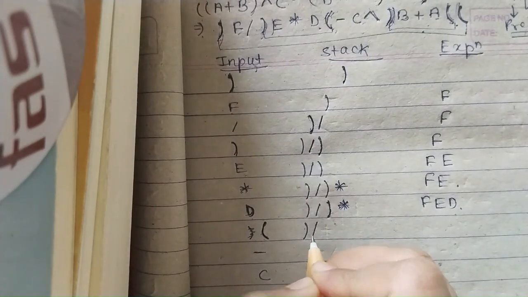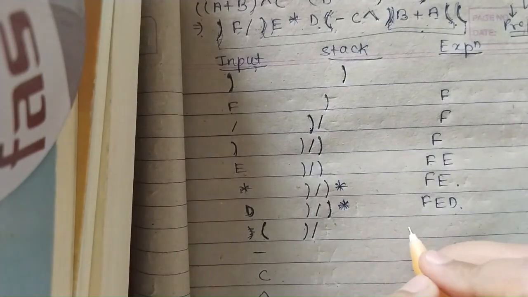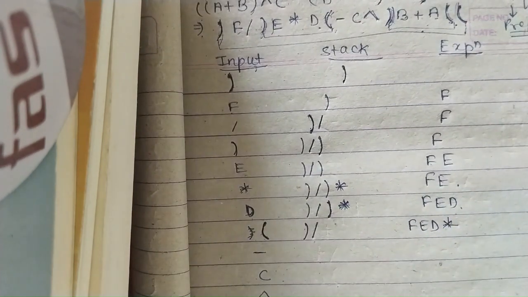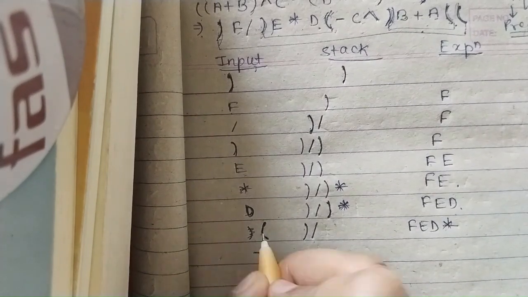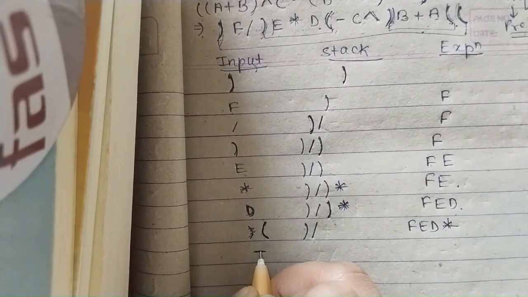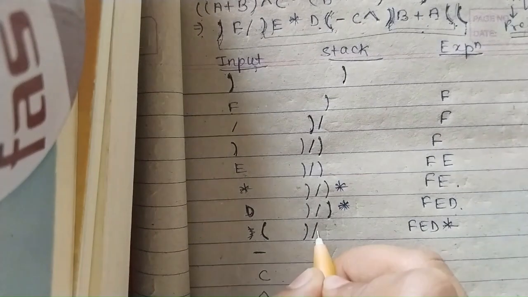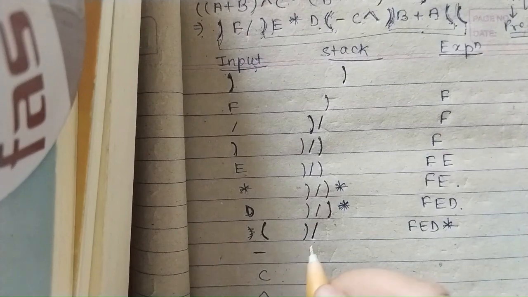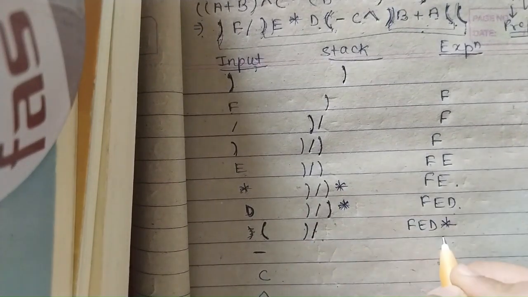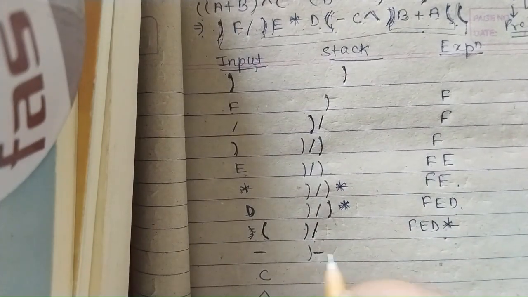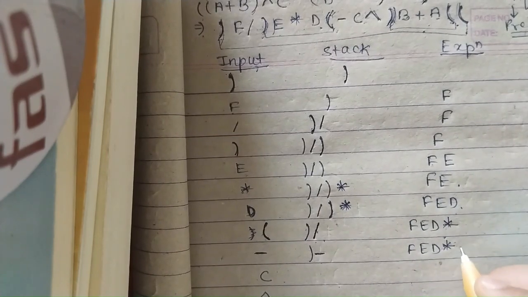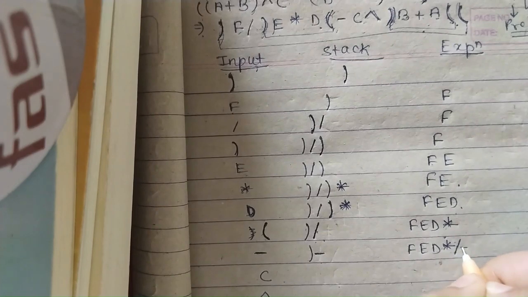So this bracket, division, and FED multiply is going to get popped out. Next is the minus sign. Since minus has lower precedence compared to the division sign, the division is going to get popped out into the expression and minus will be left behind. FED multiply, and then this division is going to get popped out.